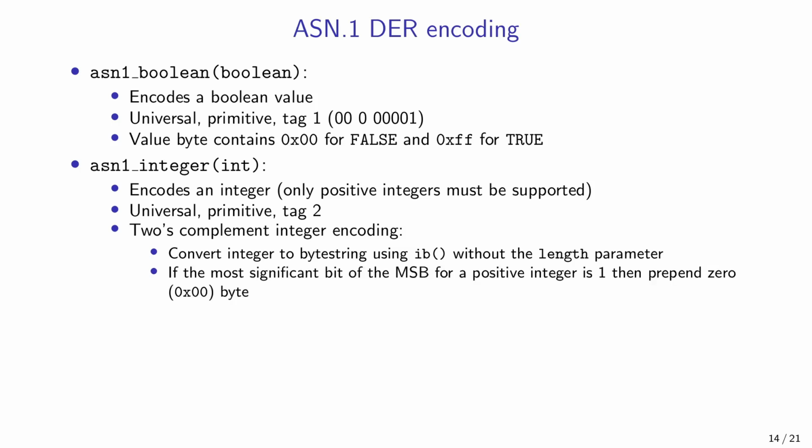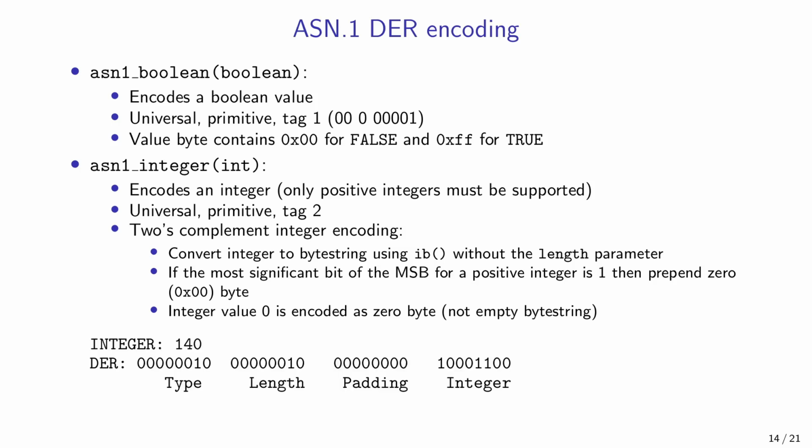Then, in case the most significant bit of the most significant byte for a positive integer is 1, then prepend a 0 byte, because otherwise it will be recognized as a negative integer, which we don't want. Note that the integer value 0 is encoded as 0 byte instead of an empty value. This is a corner case which you must be aware of.